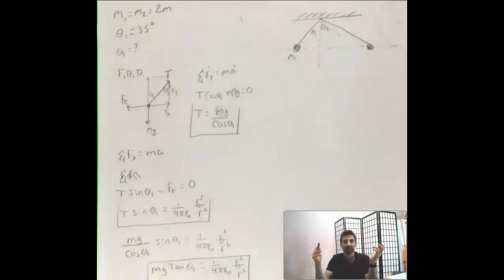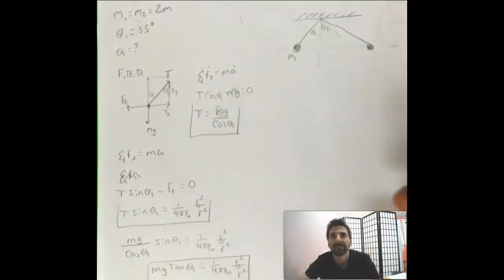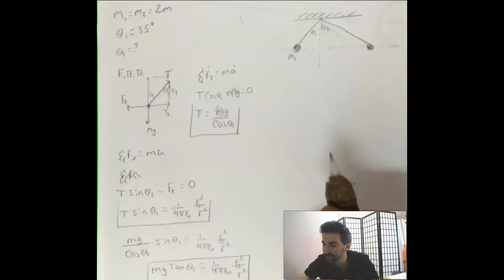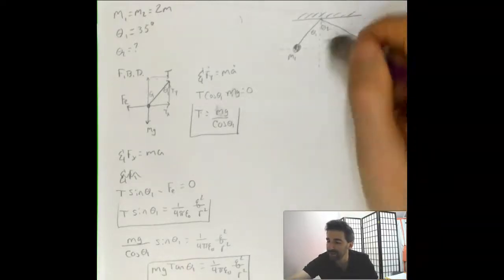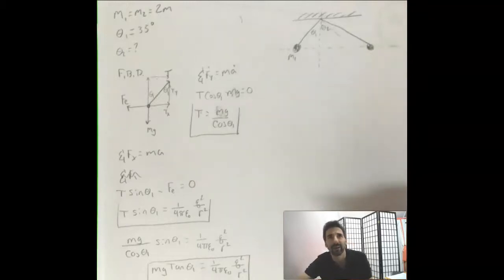So we could plug some stuff in right there and solve out. But that wasn't what I want to do for part A. So we can have the same exact setup for theta 2. It'll be the exact same setup.